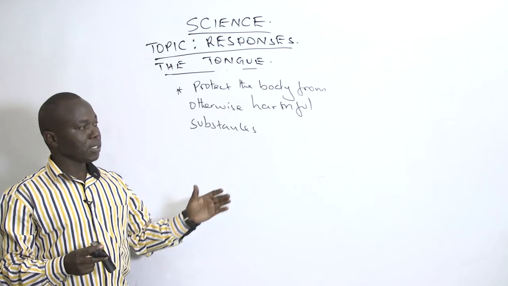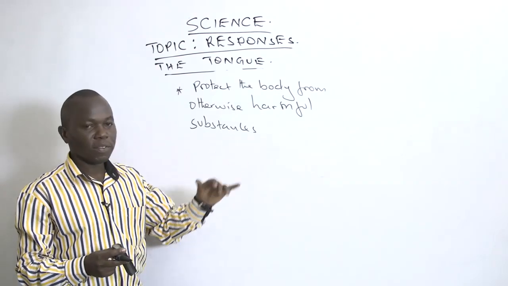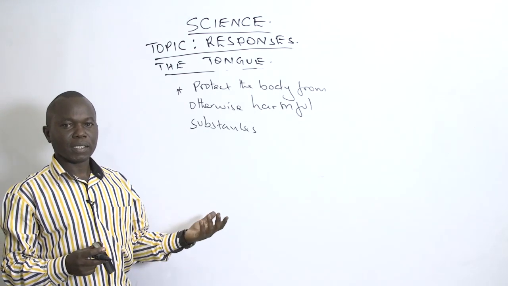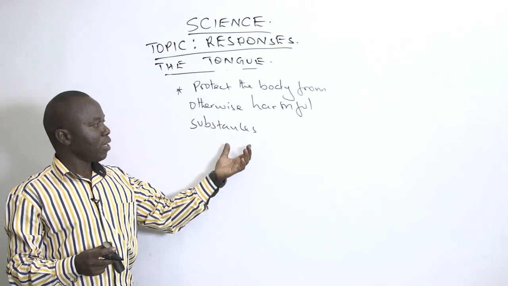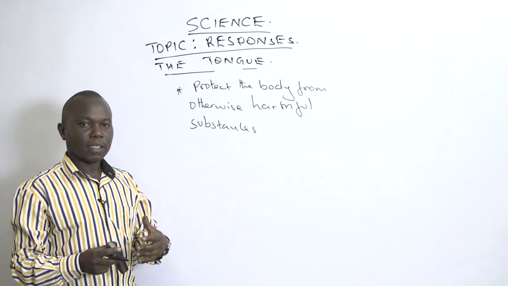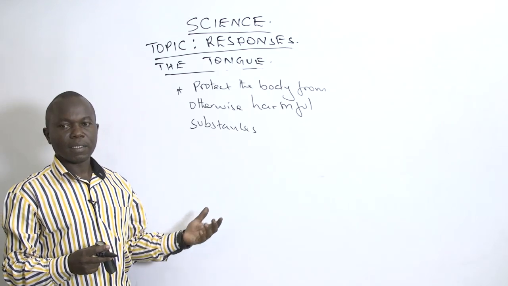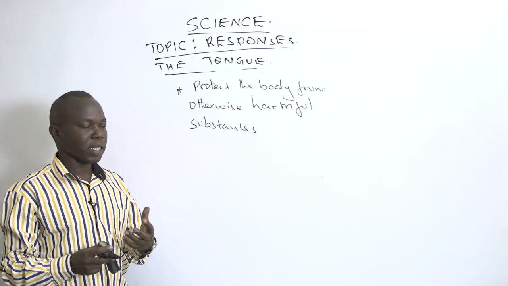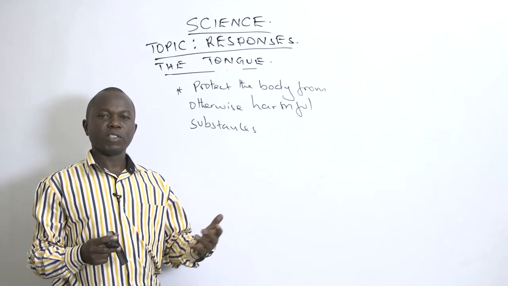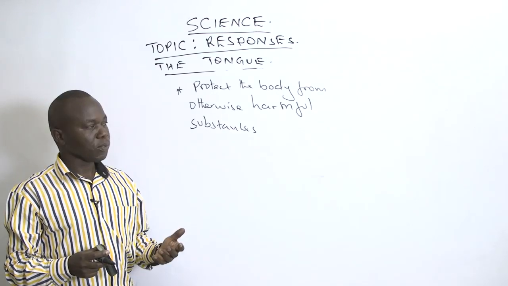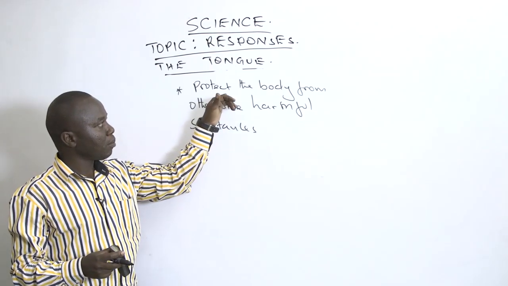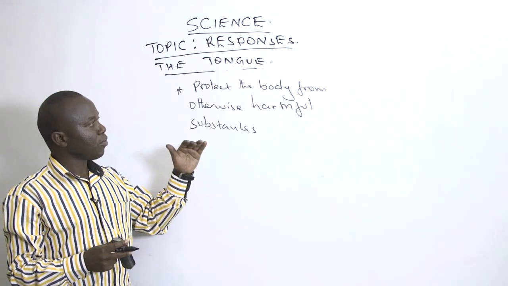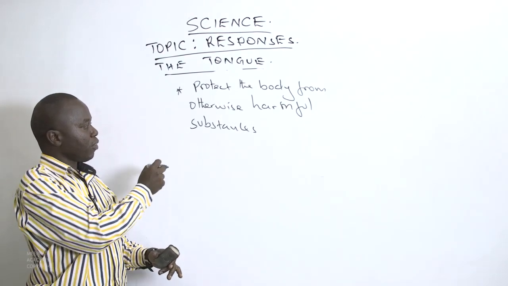So it will be protecting the body against those harmful substances. Acetic acid, for instance, if it is taken in huge quantities, again, it is a problem. Even the sugar that is sweet, too much of it, again, it is not good for our body. So the body will be protected from those kinds of harmful substances.